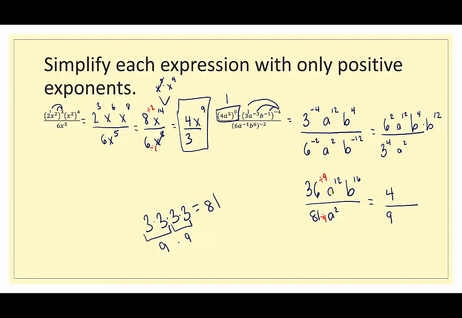Then I have 12 factors of a in the numerator. I have 2 in the denominator. We could think of a to the 12th as a to the 10th times a squared. Those cancel. We have a to the 10th, that's in the numerator. B to the 16th is the only base b. So here we have our lopsided final answer for a to the 10th, b to the 16th over 9.